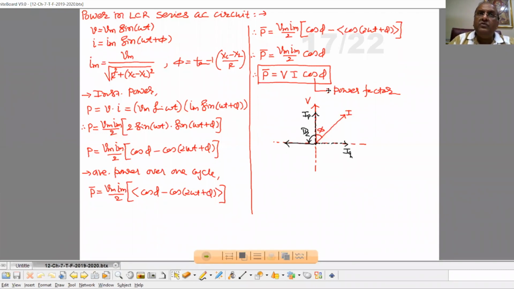If you want to increase the power factor up to 1, then you have to make phi equal to 0. હવે આ જે ગ્રાફ છે એમાં તમને સમજ પડે, જો આ phi ને તમારે 0 બનાવવું હોય તો તમારો કરંટ જે છે that should be only along V. તો તમારો phi 0 આવે.